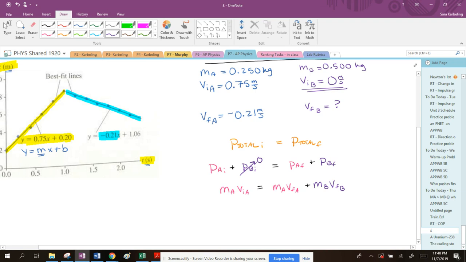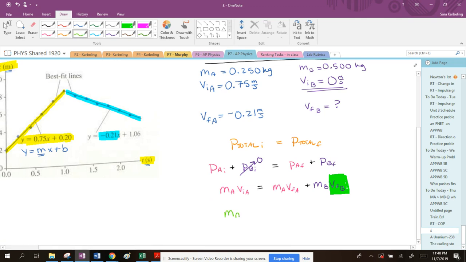We know everything in this equation except one thing. If you know all the values except one, then it's a pretty easy deal. So we're going to solve this equation.